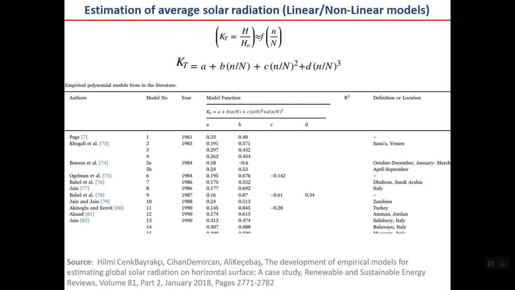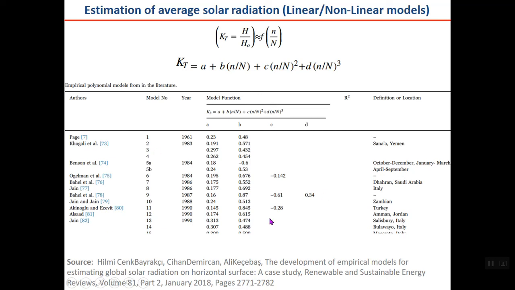Many researchers did the same for many locations, and they even fit different equations, for example a polynomial, to the data points, but in general H over H0 is a specific function of n over N. For example, you can see here different references. If you want to know the exact title or reference, I refer you to this paper.